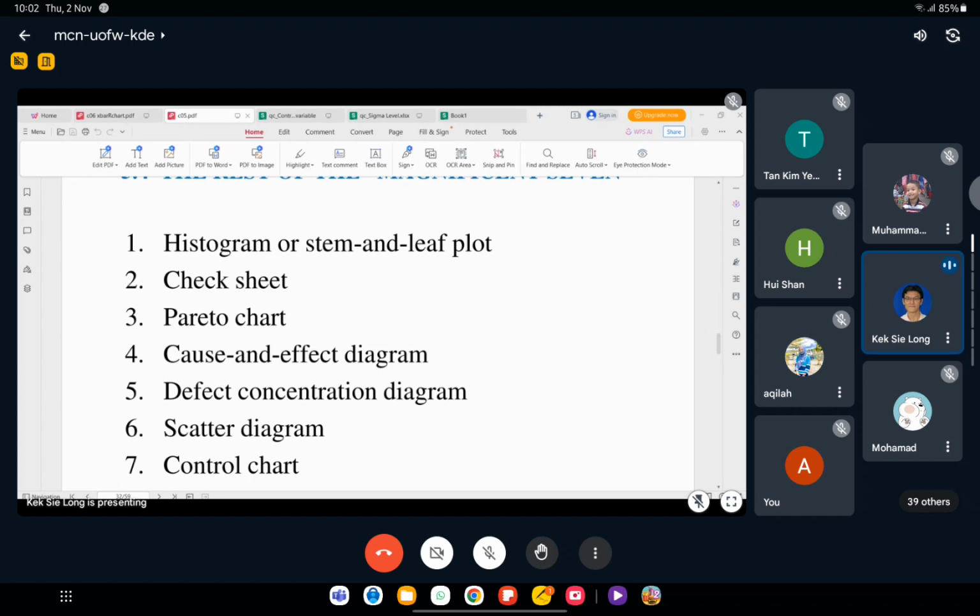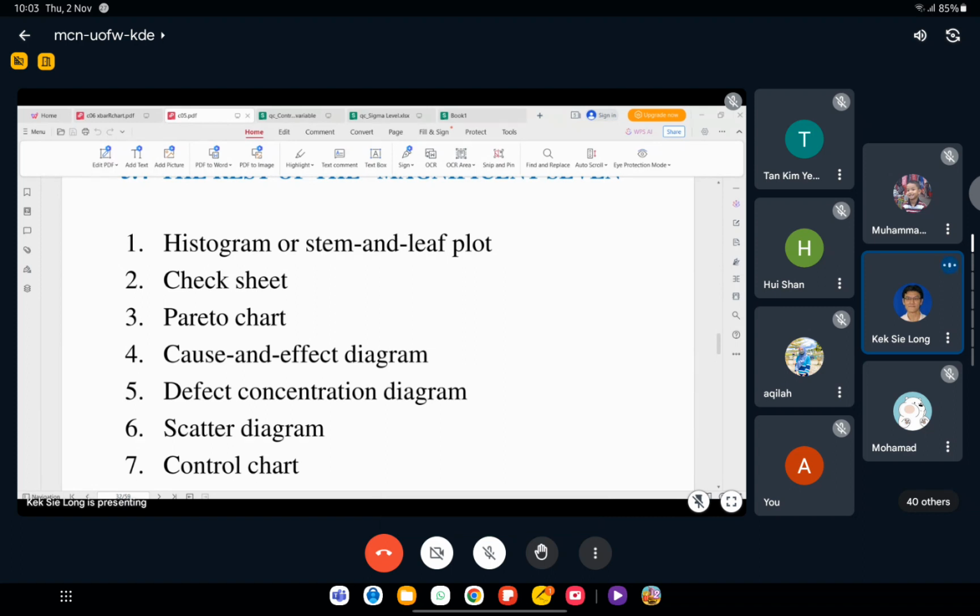So for this cause and effect diagram, normally we will list out the causes and the corresponding effect for a process in the fishbone figure or in the fishbone diagram. And fifth, defect concentration diagram.